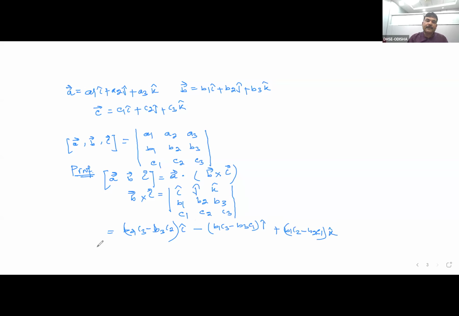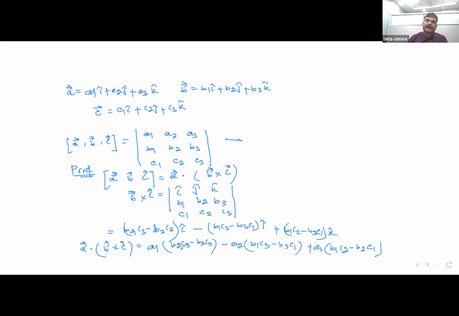Okay. So A dot B cross C will be A1 into B2 C3 minus B3 C2, minus A2 into B1 C3 minus B3 C1, plus A3 into B1 C2 minus B2 C1, which is nothing but the determinant A1, A2, A3, B1, B2, B3 and C1, C2, C3.